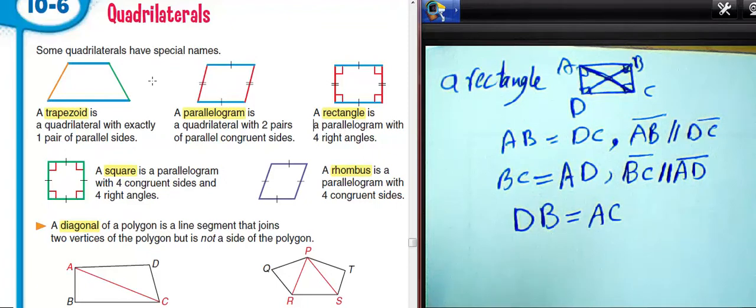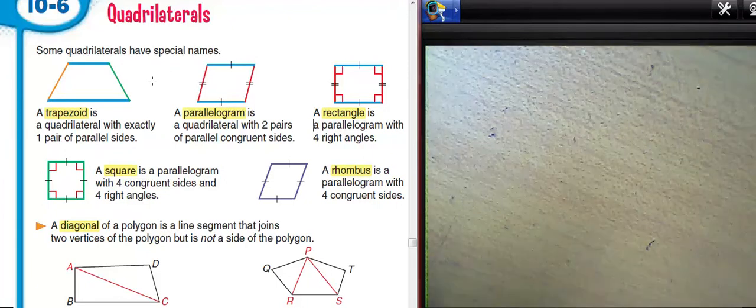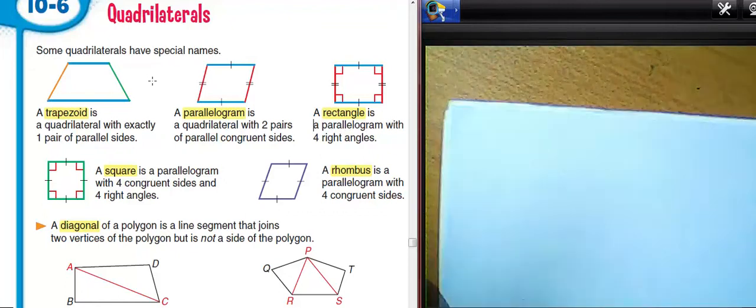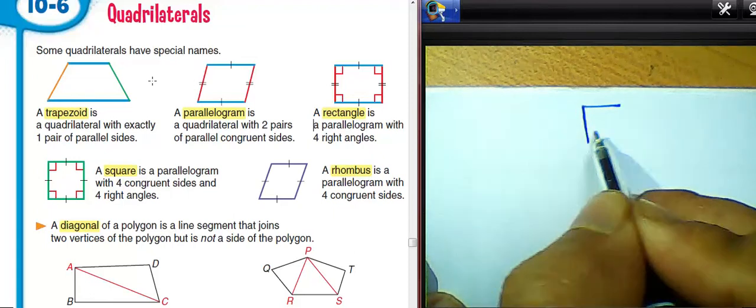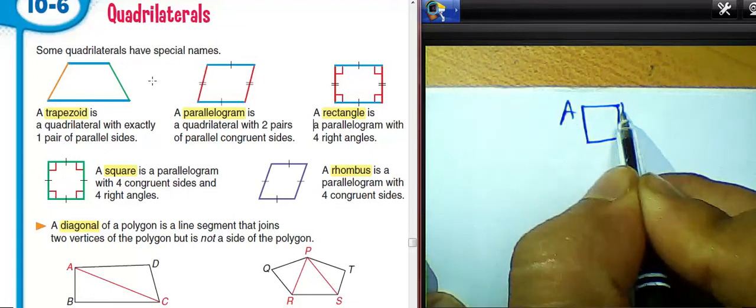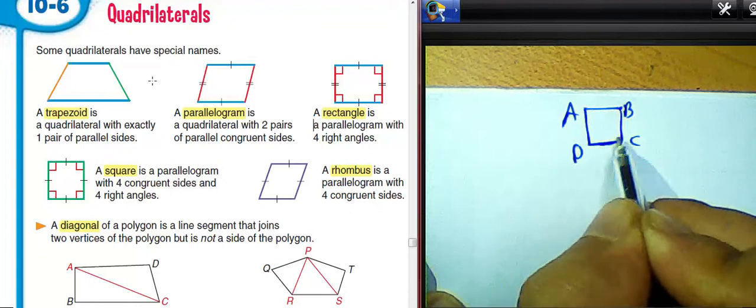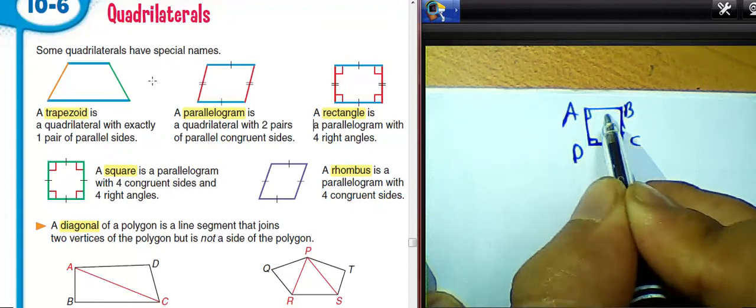Okay, and what about square? A square is a parallelogram with four congruent sides and four right angles. Look at the square. ABCD is a square. All sides are equal in length.